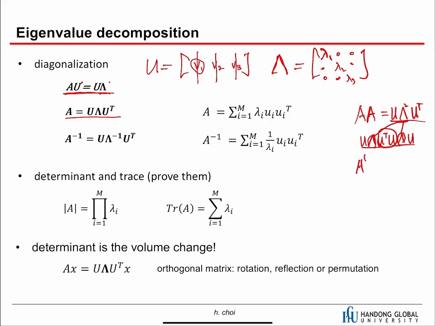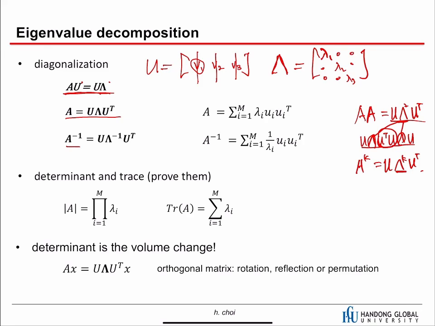What about A to the power of K? It is U times lambda to the power of K times U transpose. So when we calculate the power of A, the calculation is really simple. When we calculate the inverse of A, it is also simple.